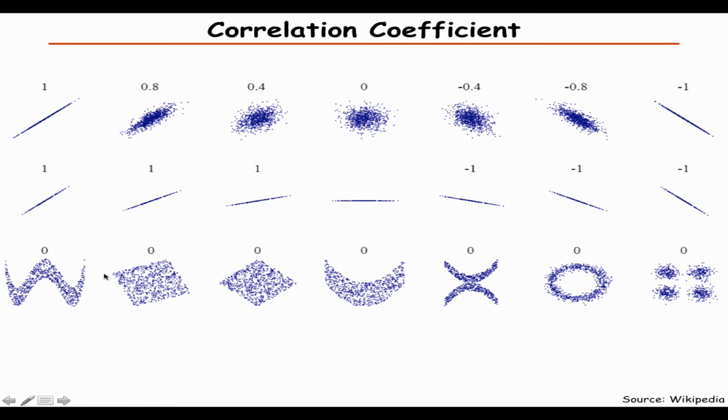The other thing to remember is that with nonlinear cases, these are all cases where there is definitely a relationship between the two variables, but when we calculate the correlation coefficient, it will be 0. Since we're looking for a linear relationship, it won't pick up any patterns like this.